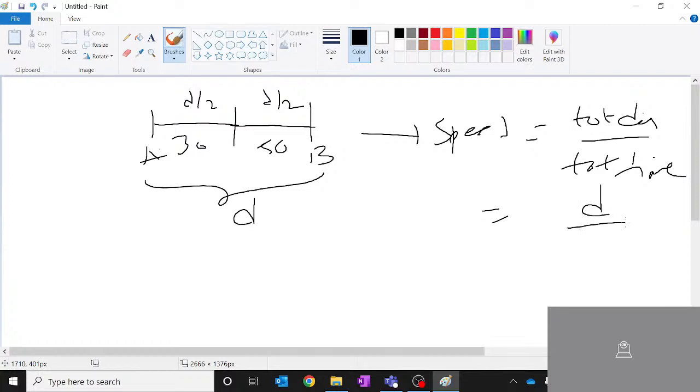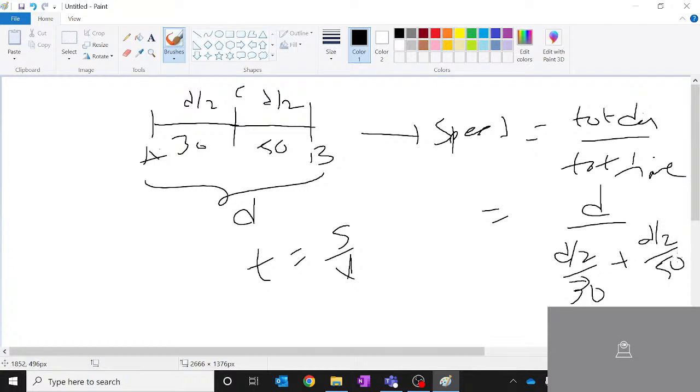Let's assume this point is C. The time taken between A and C plus C and B is my total time. You all know time is nothing but distance by velocity or speed. What is the distance that we have assumed? It is d by 2. What is the speed they have given? 30, plus the remaining half is d by 2 divided by 50, correct? That is the speed that they have given. Clear? Understood?